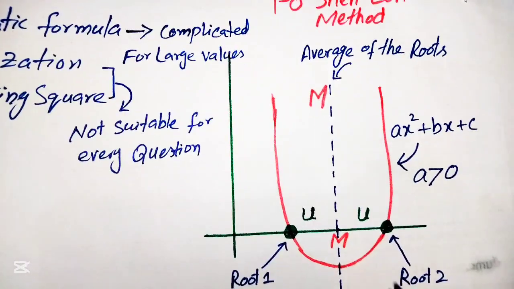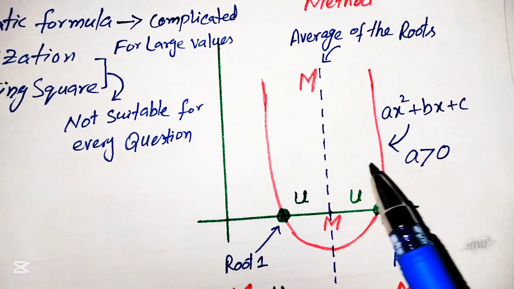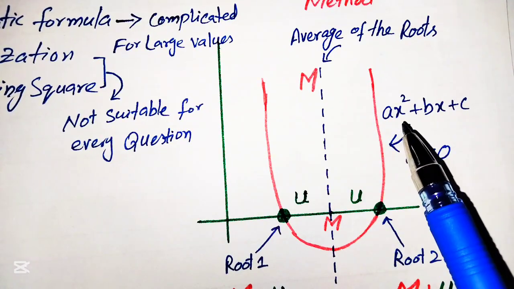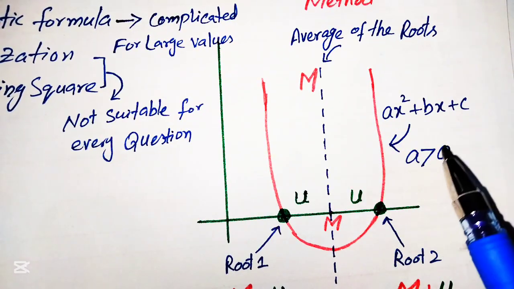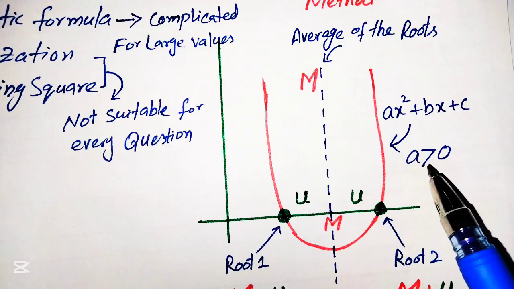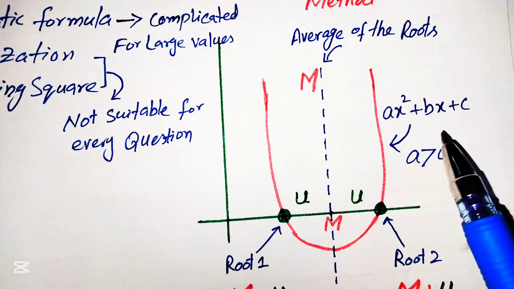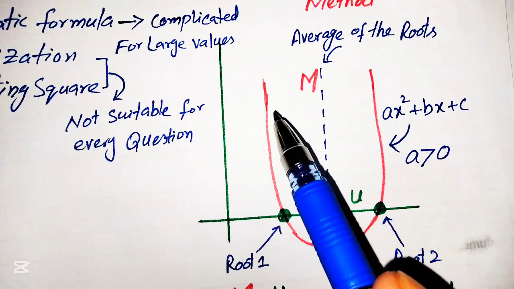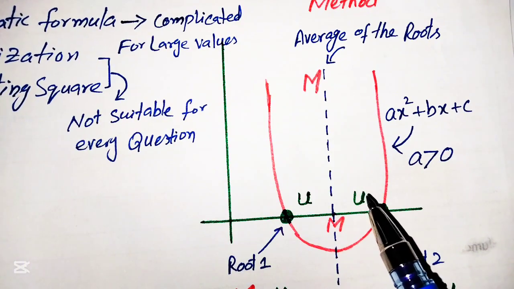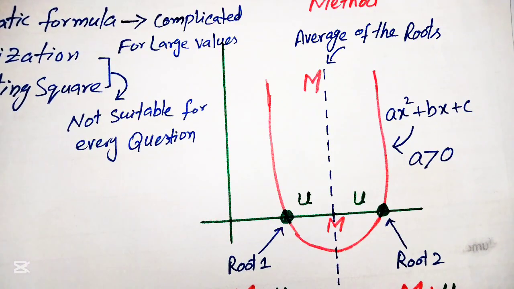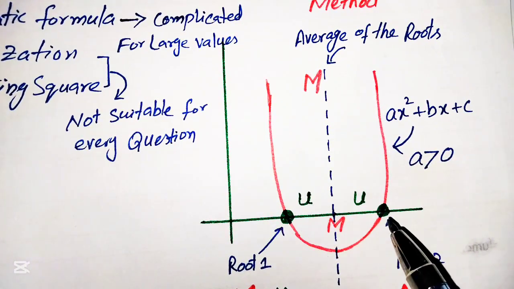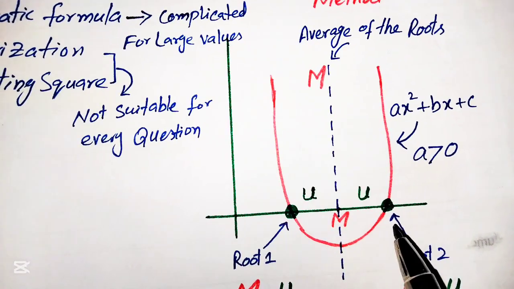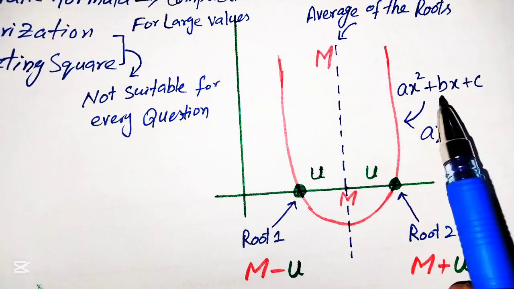If we have an ideal quadratic equation, that is ax square plus bx plus c, where a is greater than 0, then the solution will look like this in the xy plane, and this graph represents two points which are the roots of this equation.